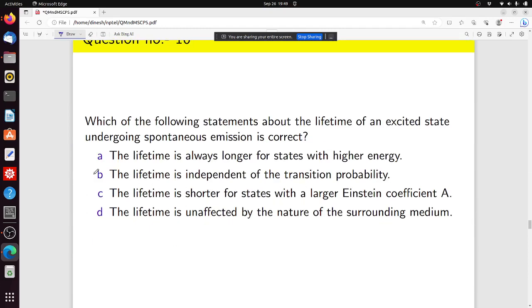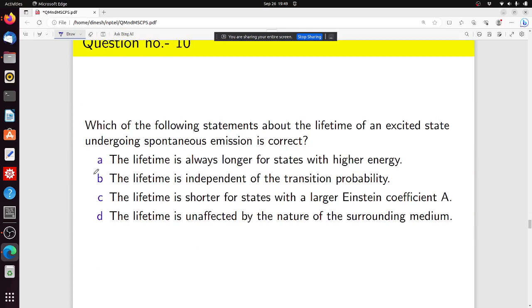Okay, moving on to the next question. Which of the following statements about the lifetime of the excited state undergoing spontaneous emission is correct? Read these 4 options and tell me the right answer. Option C looks correct.